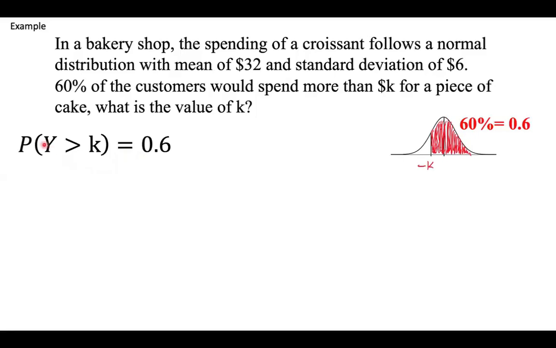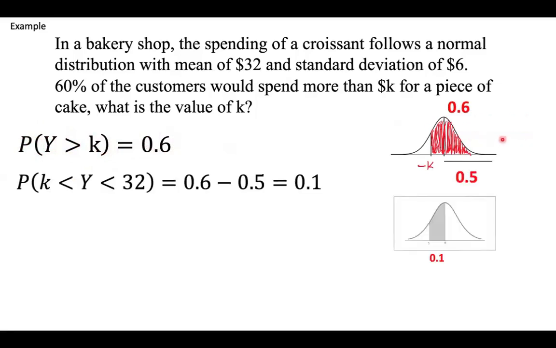We can now construct the expression. We have the probability of Y greater than K, which we don't know, but we know the probability is 60%, 0.6. We need to find this little bit in the middle, because our table only gives us this little bit.